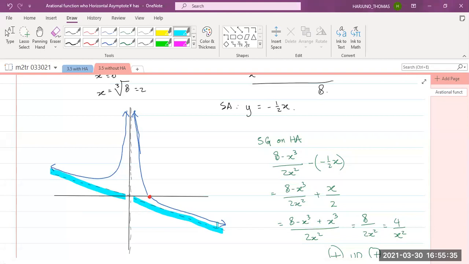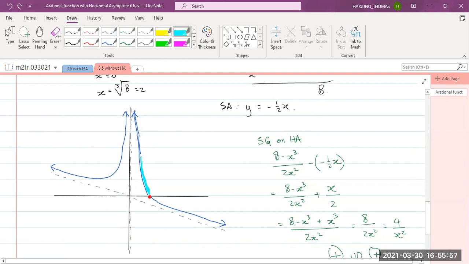Now, can you tell what the range is? Think about this. If we can answer the question of the range, you should try to find the range. In this case, of course, this goes to positive infinity, right? And this continues, and this goes to negative infinity.